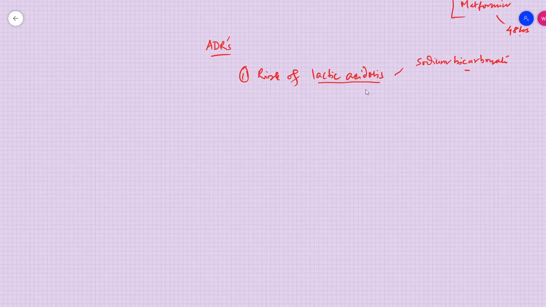And this lactic acidosis risk increases with decreased renal function.